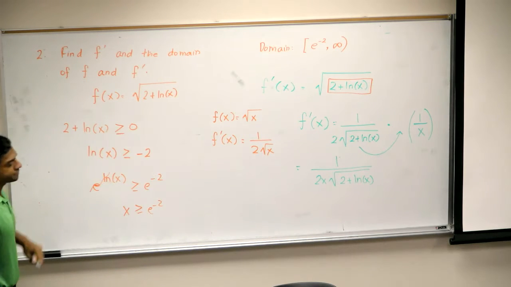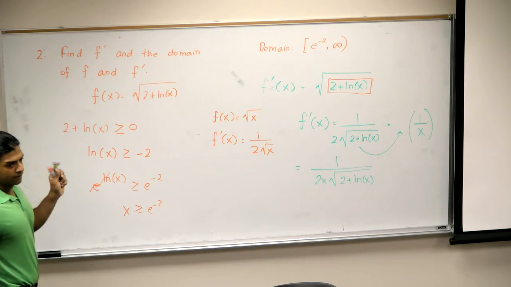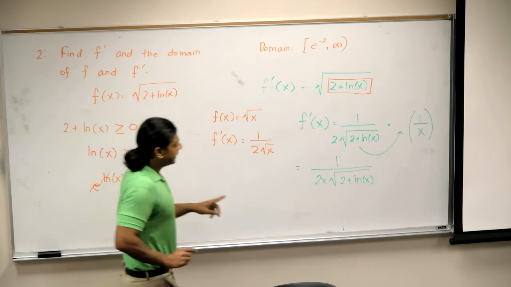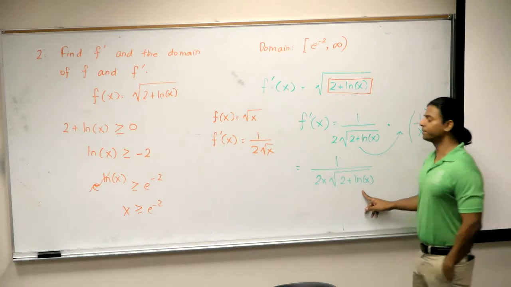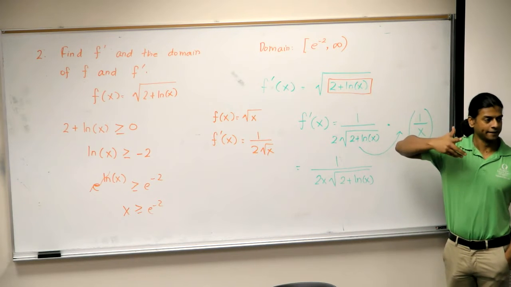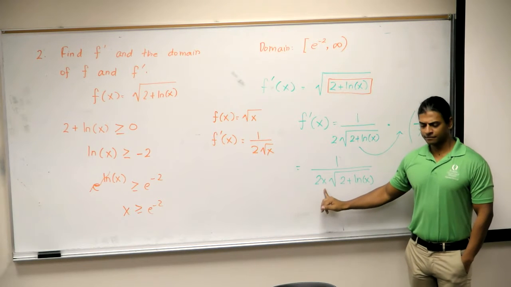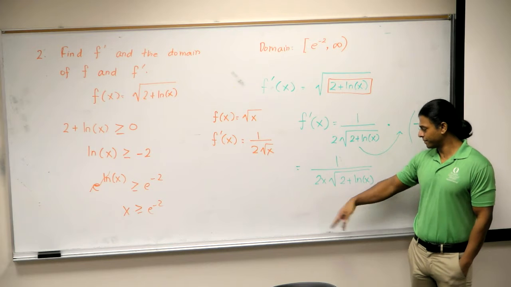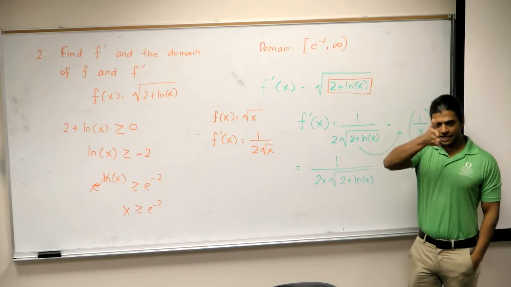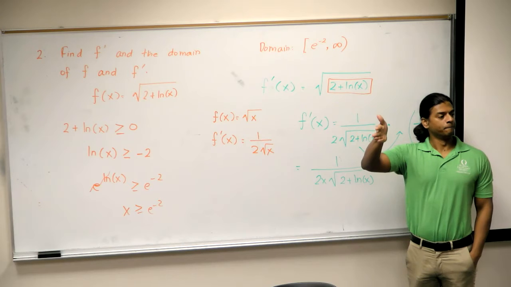Do we agree? Now going on to the domain. Clearly we want this term to be greater than e raised to negative 2. X cannot be 0 because it becomes undefined. That number definitely is bigger than 0.